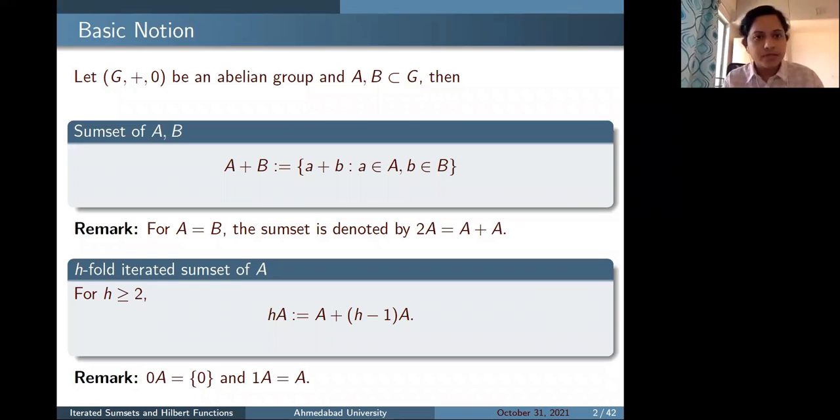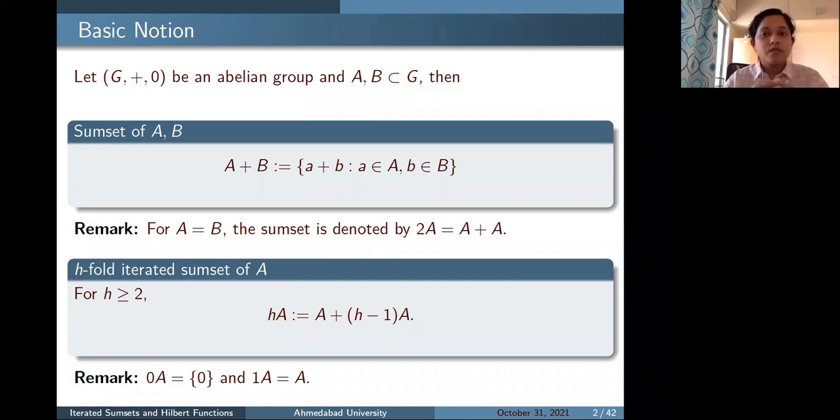Throughout this talk, whenever I use the notation G, it means an abelian group. The structure imposed on it is an additive structure, with 0 being the identity element of the group.